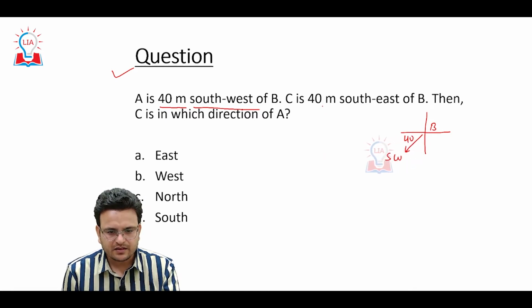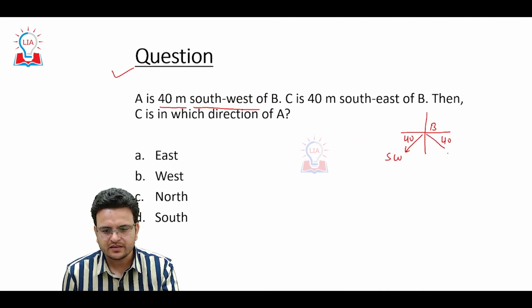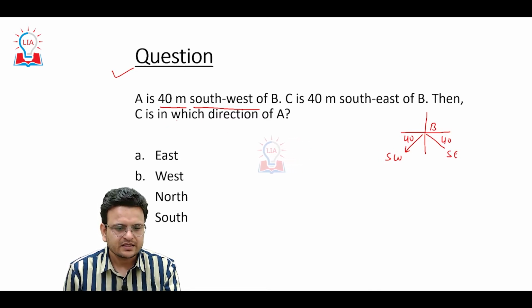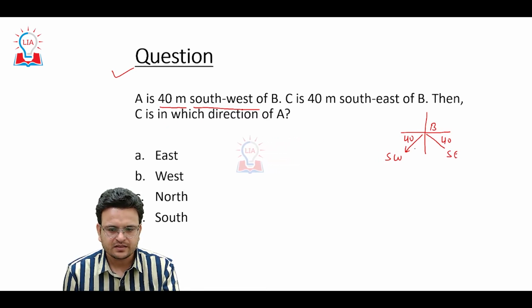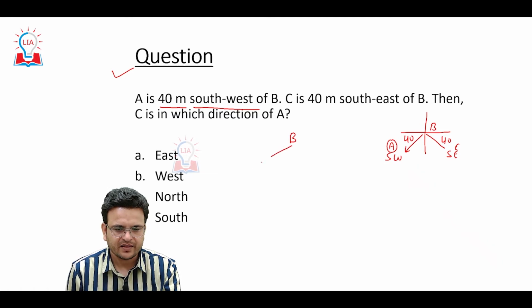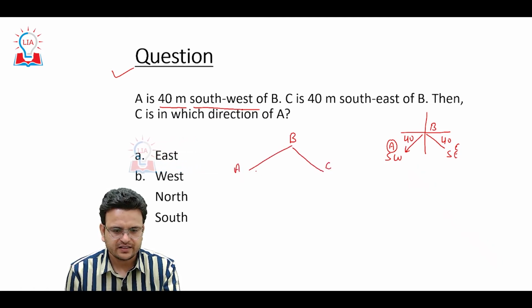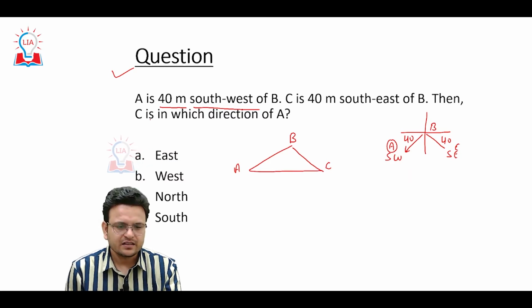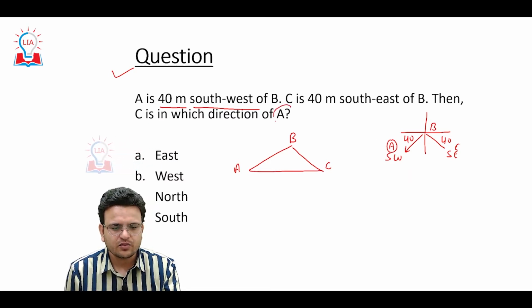C is 40 meter southeast of B. Then this is A, this is C. Then C is in which direction of A?